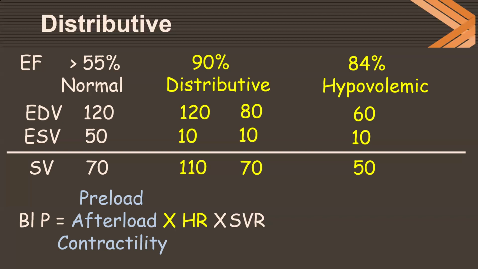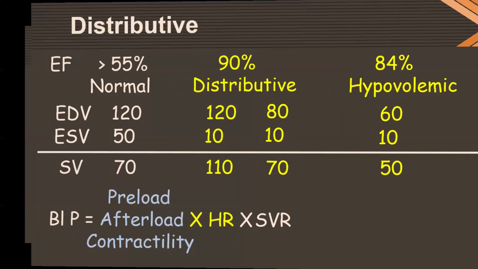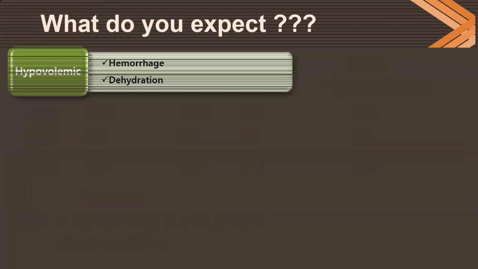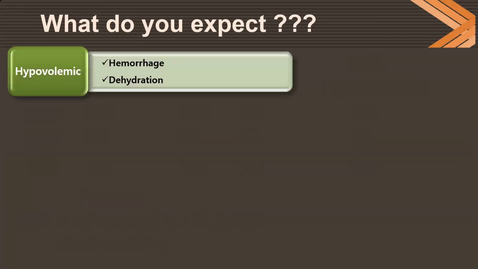And if you compare these new numbers of distributive shock to hypovolemia, you will find it very difficult to distinguish between both types. So, what do you expect when I tell you that the patient is hypovolemic? How is the contractility of the heart and the filling of the heart?